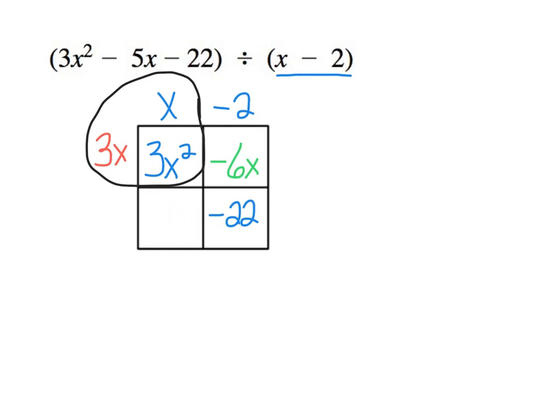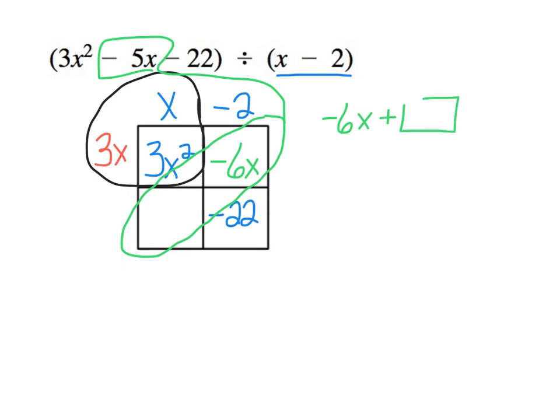When I'm doing this third box, if I think about how the whole area model works, I know that this diagonal, this peanut pair, has to equal the middle term of my trinomial. So I know that my -6x plus whatever I put in that box has to equal -5x. So I'm just going to solve this really quick for the box.